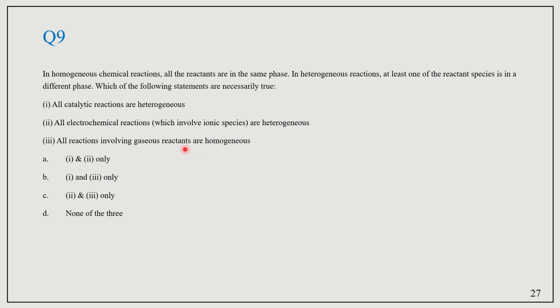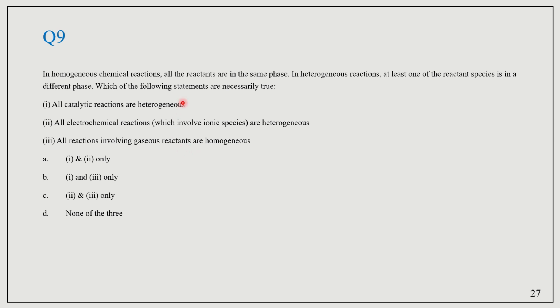And if at least one of the reactants is in a different phase, we call it a heterogeneous reaction. So I repeat again, in homogeneous reactions, we have all the reactants in the same phase, and in heterogeneous reactions at least one reactant would be in a different phase. So depending on the phases, we can call it homogeneous or heterogeneous reactions.